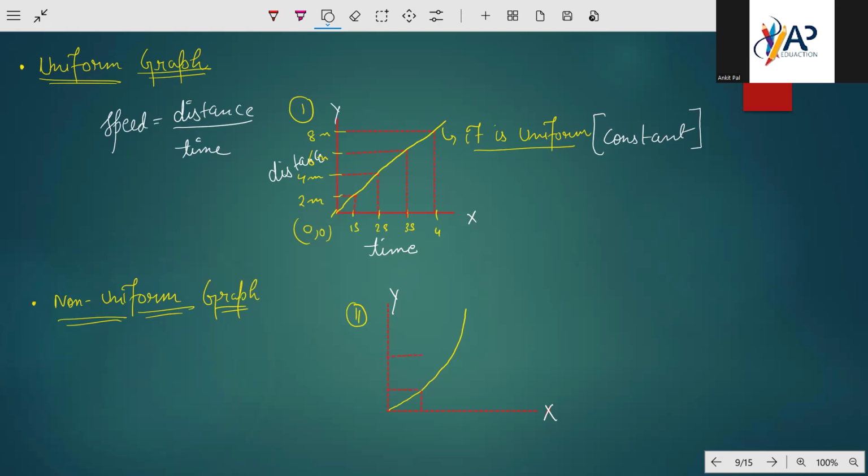You can see it means its speed is also changing, right? Yes. This slope represents speed, which means we can say the distance-time graph represents speed. This graph is uniform and this graph is non-uniform.